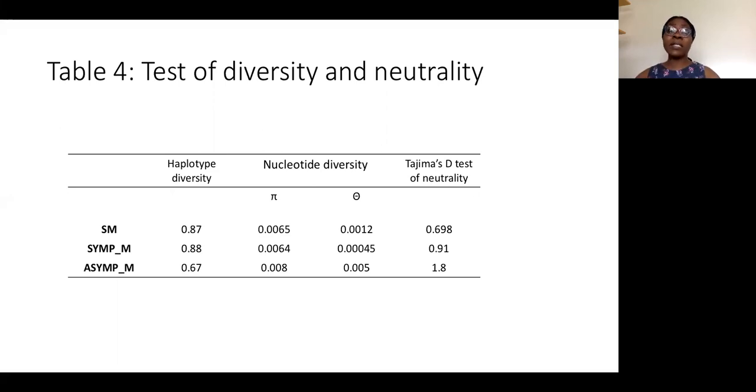So remember when, in the background, I talked about the double-edged sword of the tumor necrosis factor, positively protecting against severe condition, but when it's overexpressed, it actually causes a deleterious effect. So there is a form of balancing selection that is controlling how this gene evolved. That is what we saw here in our study.